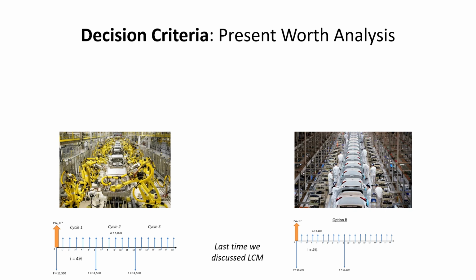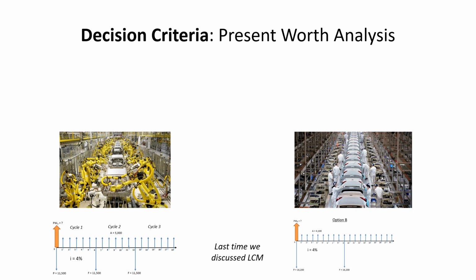What's that? The lowest present worth, or the highest present worth. Very close. Basically, if they're mutually exclusive, you want to pick the one that has the highest value. That's right, the highest non-negative value.